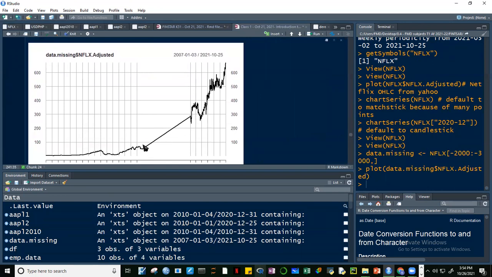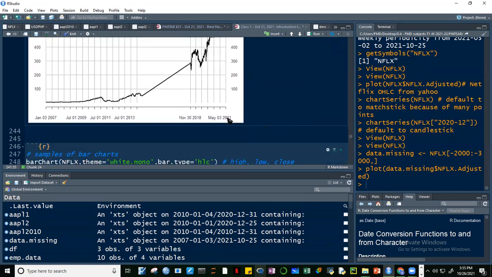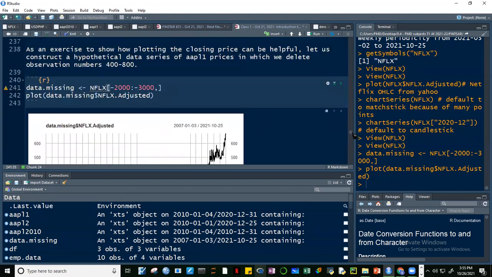It just connected data 1999 up to data 3001, because we removed data 2000 up to data 3000. There are no prices here because we removed them, and the plot just connected across. So the plot will show that there are indeed missing data here, because it just gives us a line.